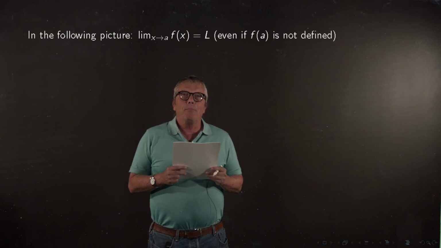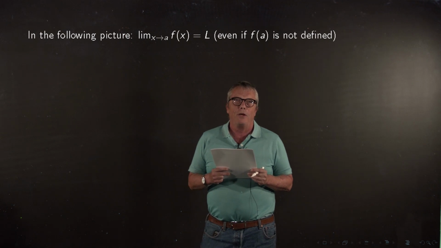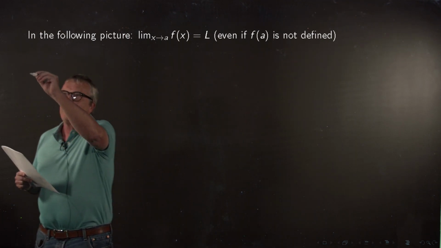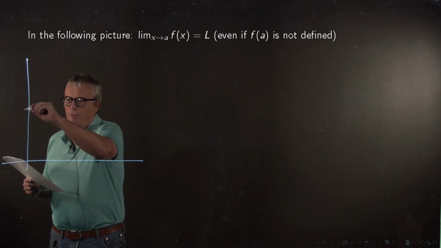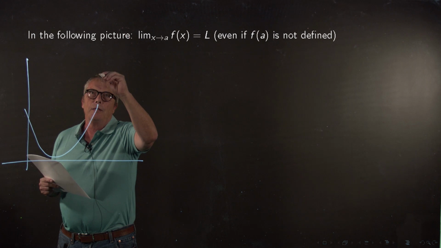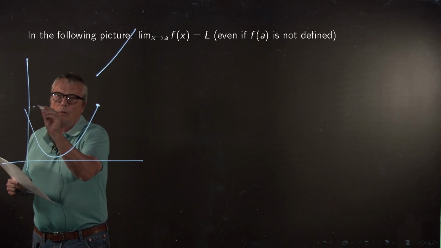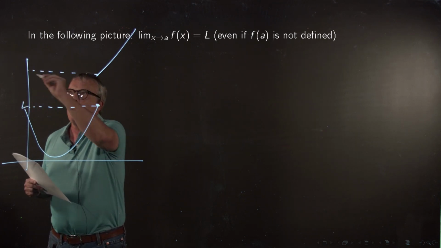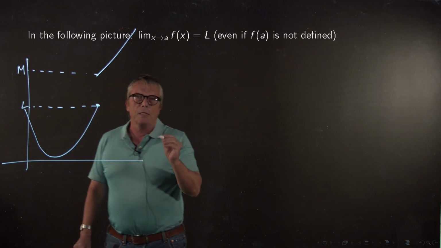Okay, let me give you some instances in which we do not have a limit of a function. We don't have it, for example, in this picture. So we have a function like that, and then there's a jump, and it goes like this. Here, let me call this number L, and this number M. So here, the limit does not exist.